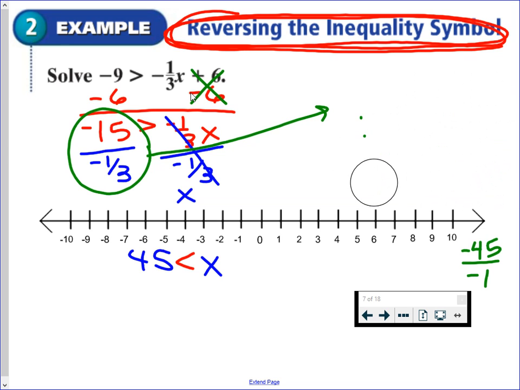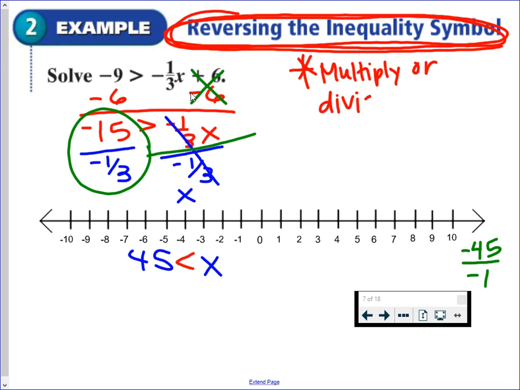Do you have more room in that box to write something? When you multiply or divide by a negative, this is going to happen. The difference is going to be, instead of your symbol remaining the same, it's going to flip over.